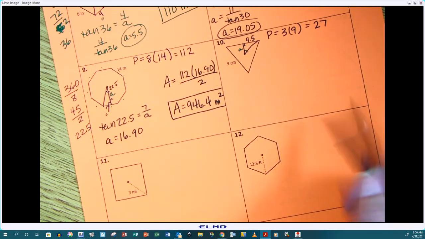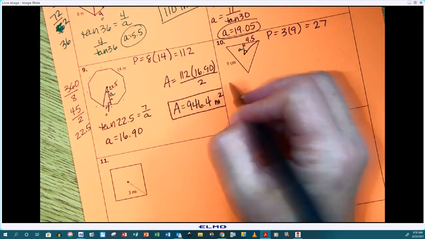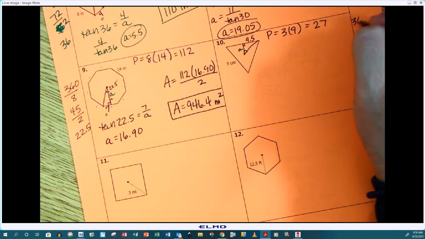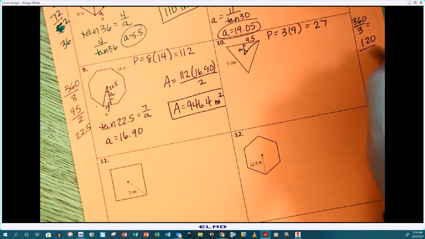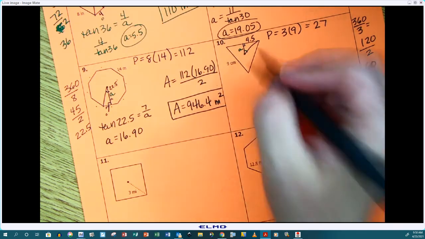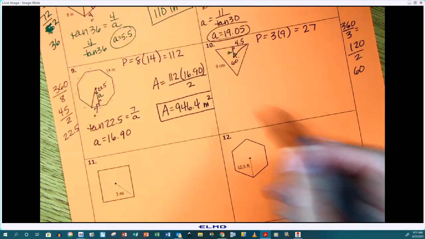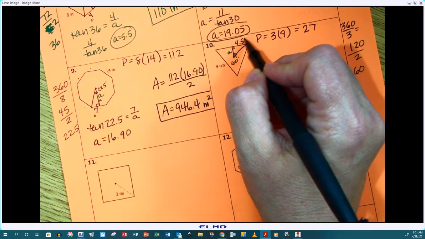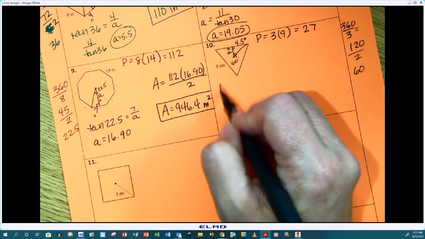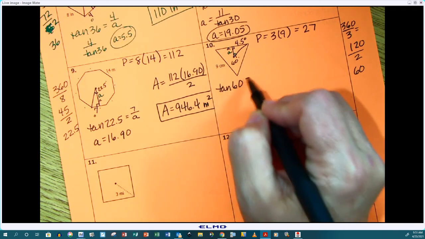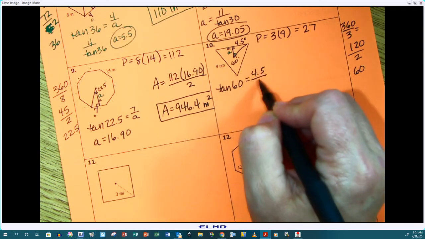All right, last one like this. 360 divided by 3 sides is 120. Half of 120 is 60. So this angle is 60 degrees. This is opposite. This is adjacent. The tangent of 60 is opposite over adjacent.